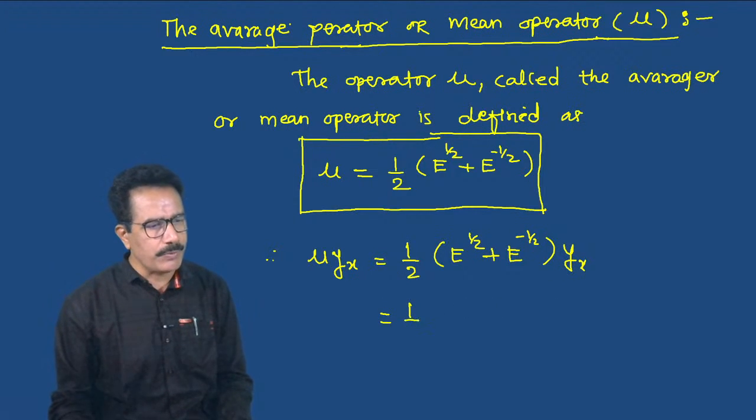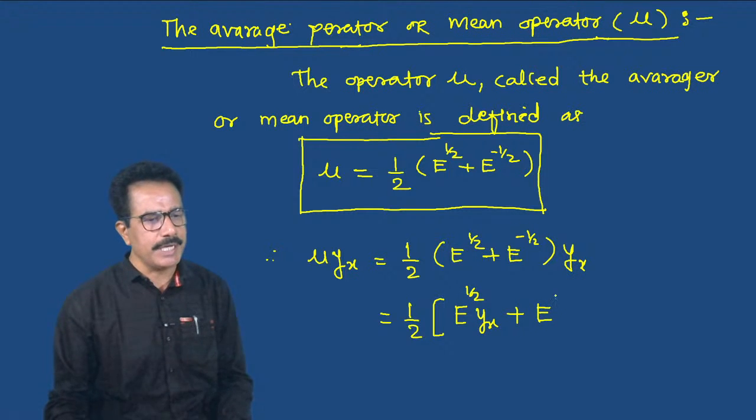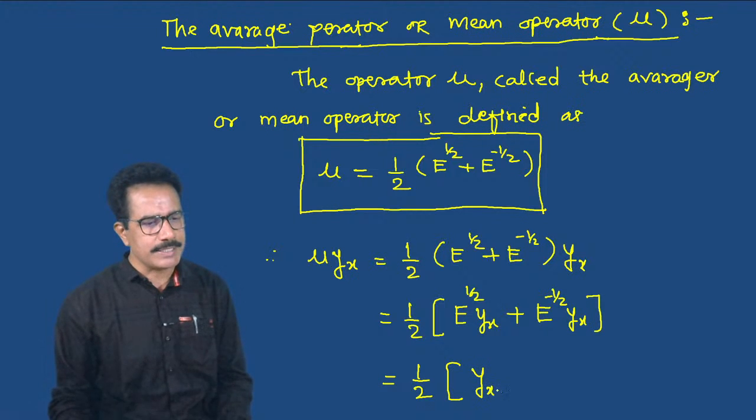That means 1 by 2 e raised to 1 by 2 yx plus e raised to minus 1 by 2 yx. We have to separate this.